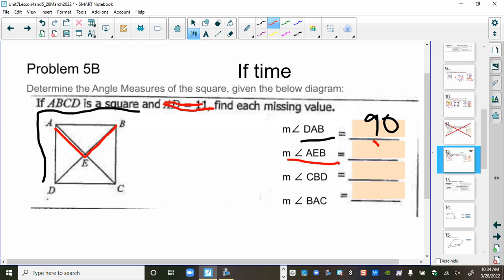That's 90. All right. What about CBD? That's a 45. And then what about BAC? That's also 45. So the first two are 90, the last two are 45.